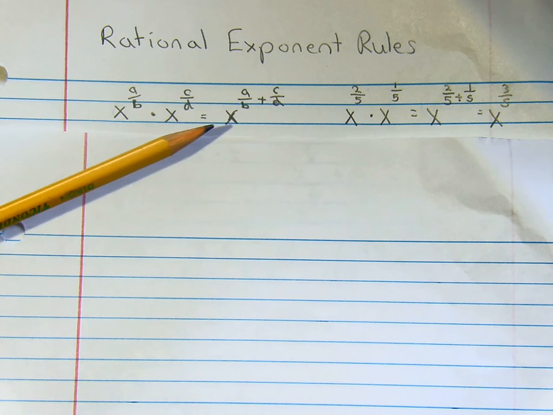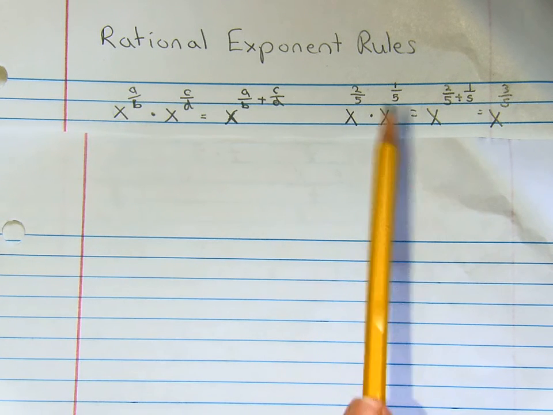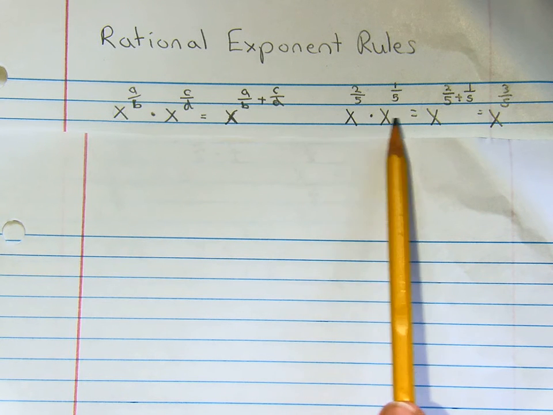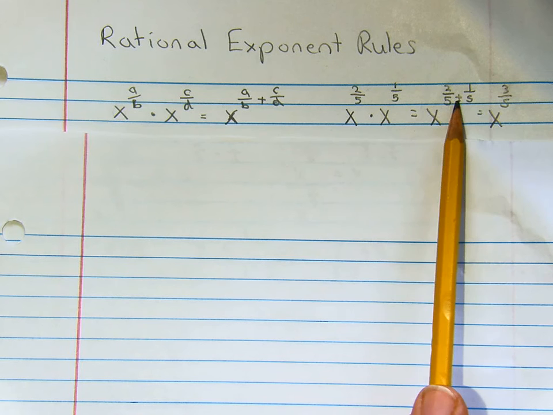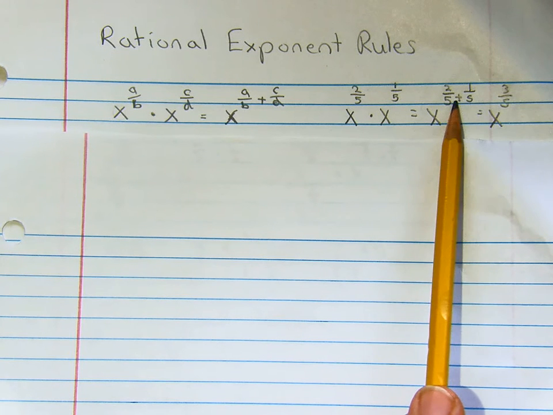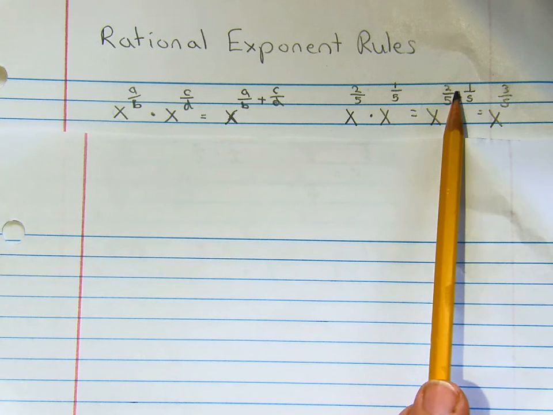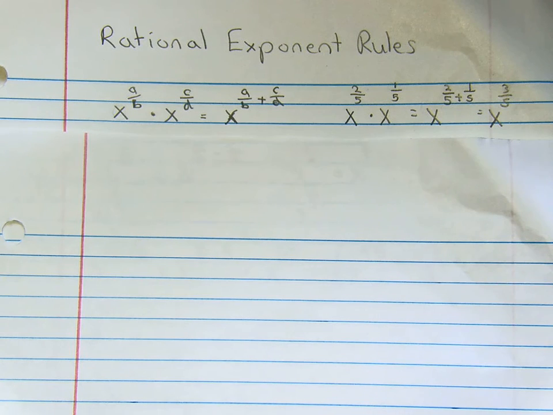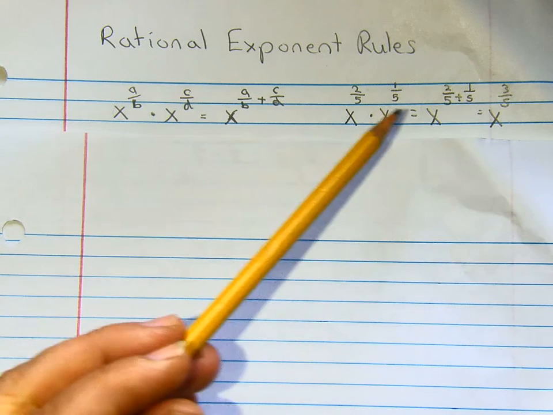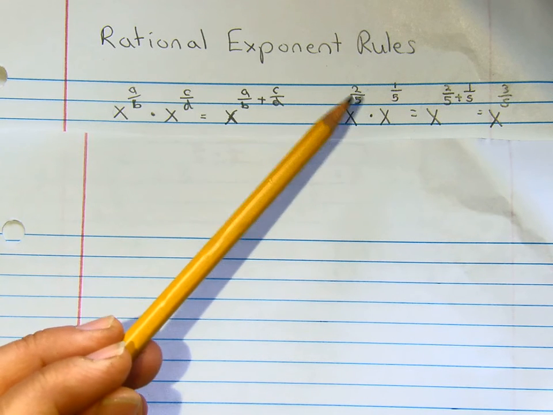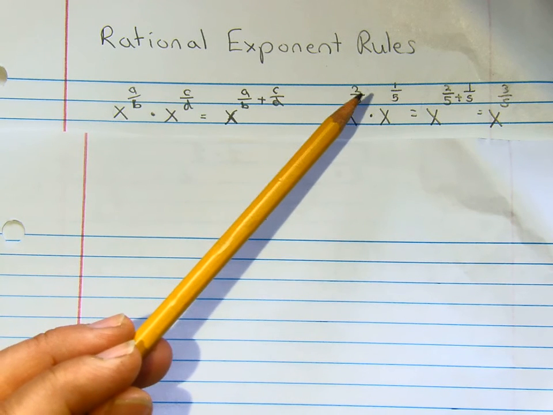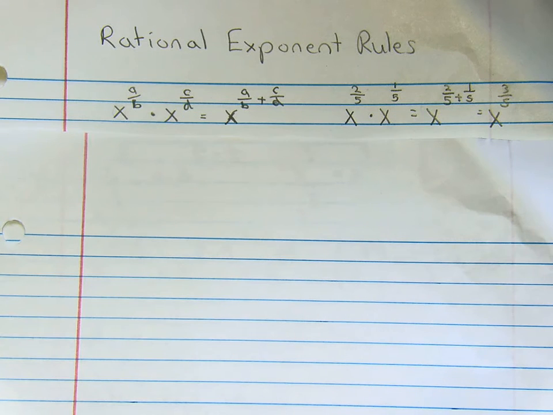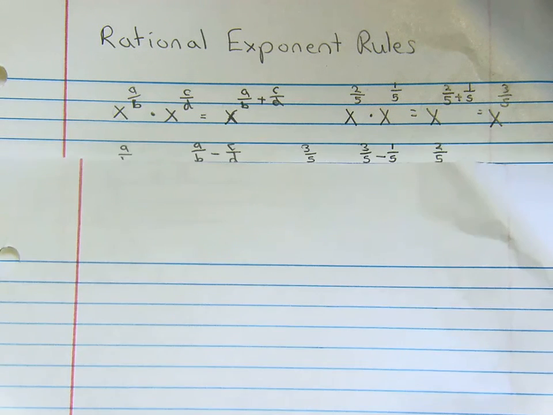So I'm going to do the exact same thing, but now I'm just adding fractions. So what do you do when you multiply with the common base? You add the exponents. So 2/5 plus 1/5 is x to the 3/5. Boom. That is it. This bottom number kind of disappears and just tags along. And basically you're just doing basic operations with fractions as exponents. So let's look at our next one.